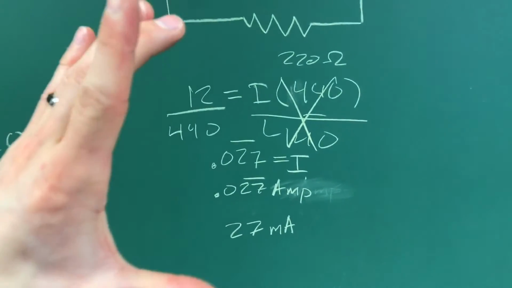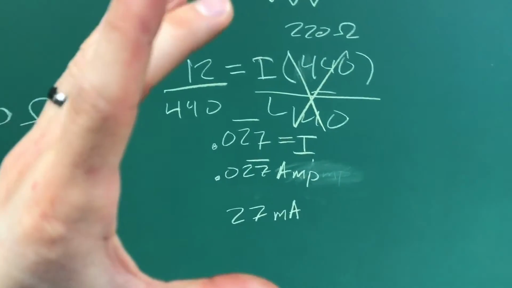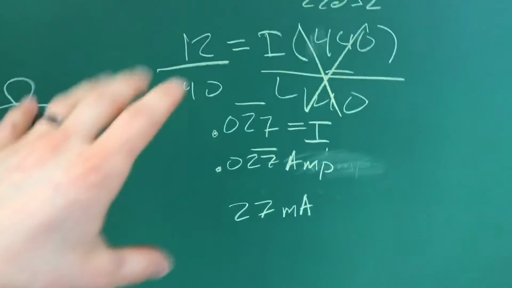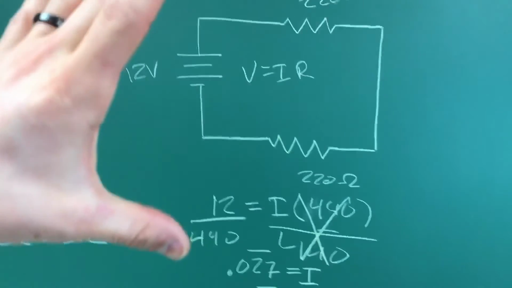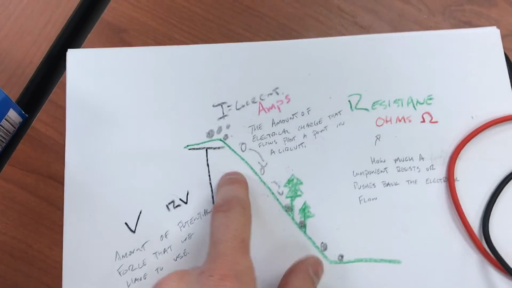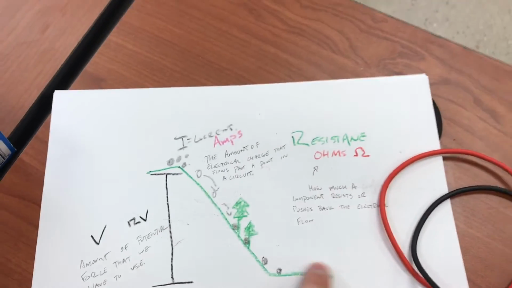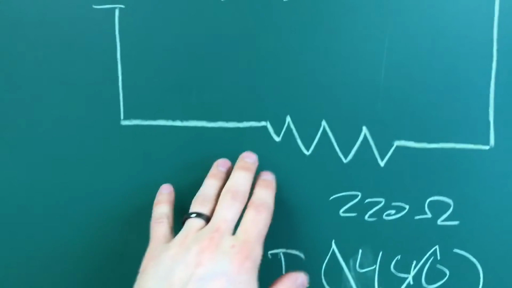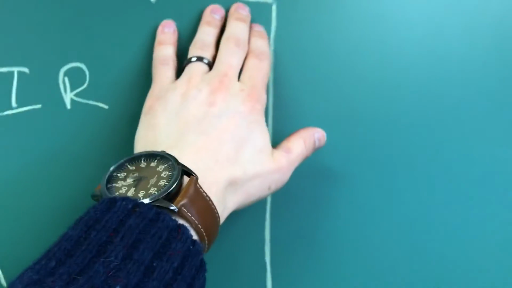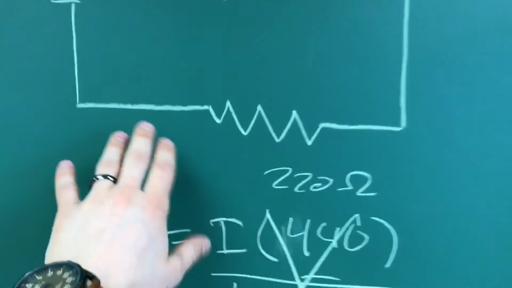This is what we're going to do, not tomorrow, but a little bit later on. I just want to give you an idea of how we're using Ohm's law and the relationship between voltage, current, and resistance to solve for currents and solve circuits, and use the trees and the hill and everything else, to understand that yes, the voltage here is 12, but right here it's going to be less, and the current's going to be less here than it is here.